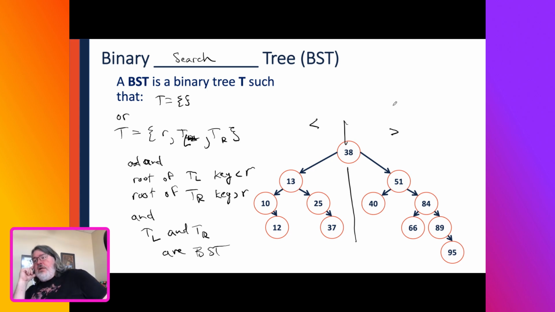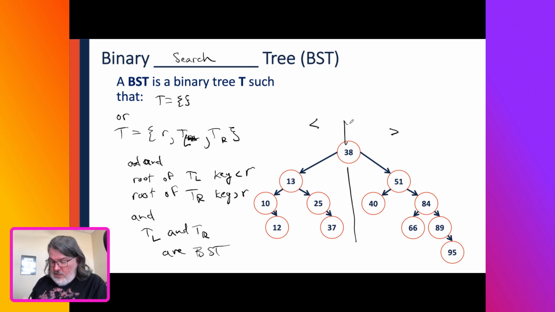Can we implement a dictionary using a binary search tree if we don't have a comparison operator? No, because we can't have a binary search tree if we don't have a comparison operator. If we don't have at least less than, or greater than, it's not a binary search tree, because a binary search tree is defined by the ordering of the values.